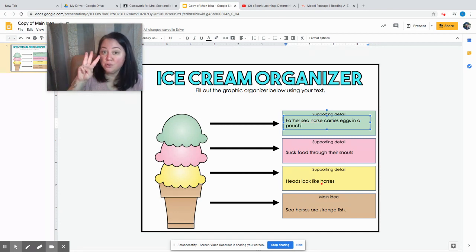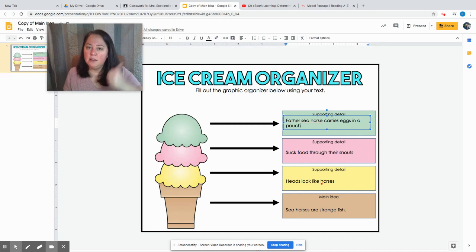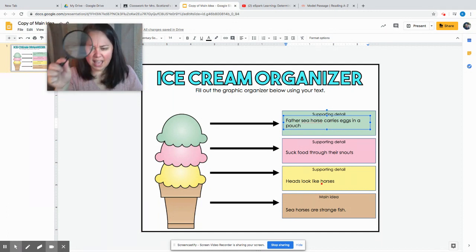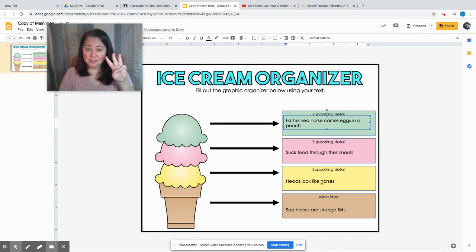And the third supporting detail in our informational text about what makes seahorses so strange is that the father seahorse carries eggs in a pouch. Well, that is very strange. So all 3 of these details go back to that main idea telling us what makes these cute little seahorses so strange.